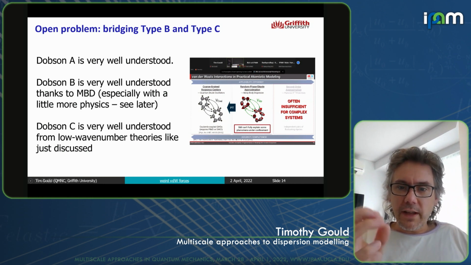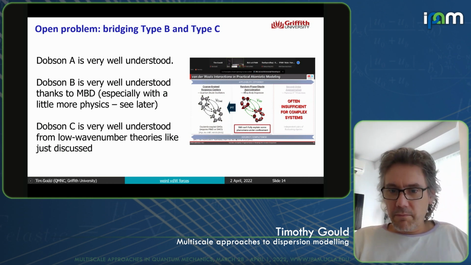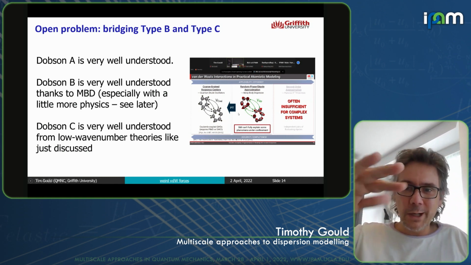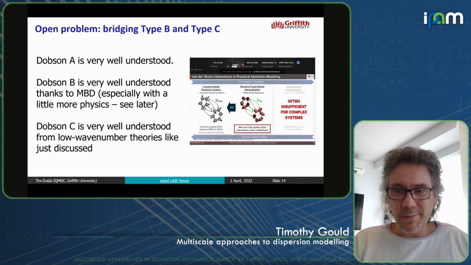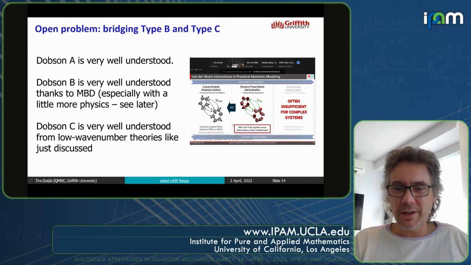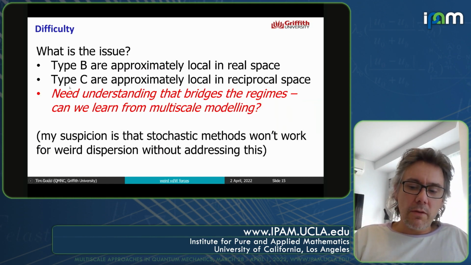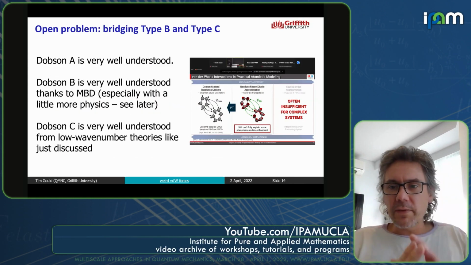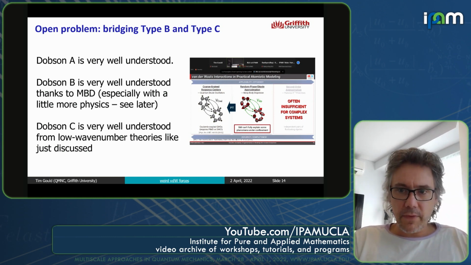And this actually gives a slight issue here, and I've stolen this slide. This is kind of like a more pedagogical version of these two bits here. So we've got this Dobson B, which is really incredibly well modeled by many-body dispersion.